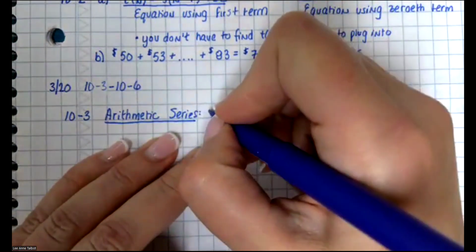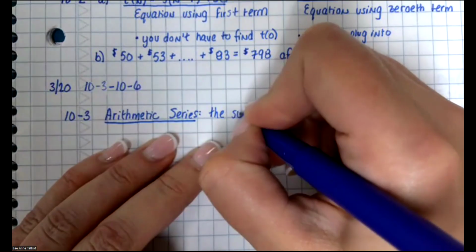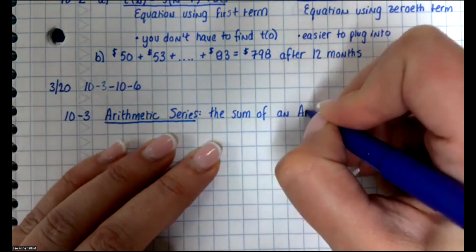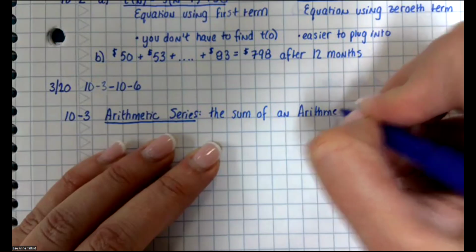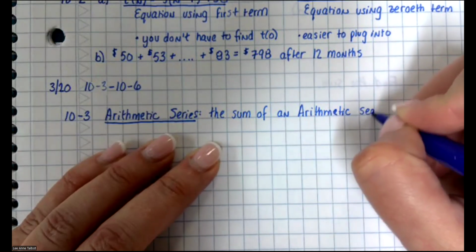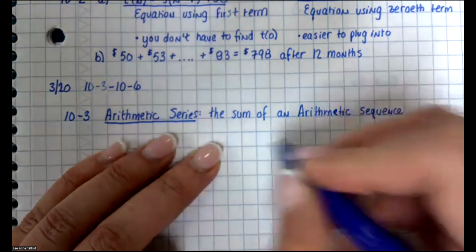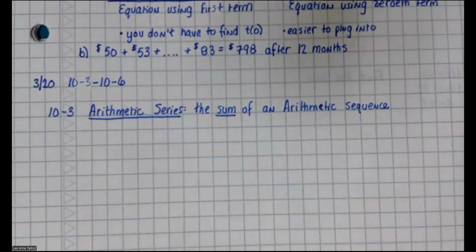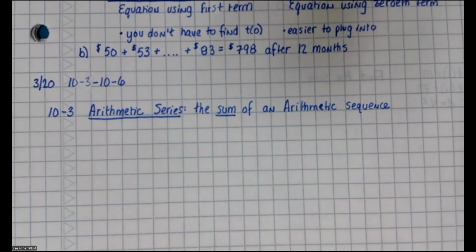Okay, an arithmetic series is the sum of an arithmetic sequence. And it has an answer, which is the total, basically. Okay, now I'm going to tell you the easier way to add up the numbers through a history lesson.